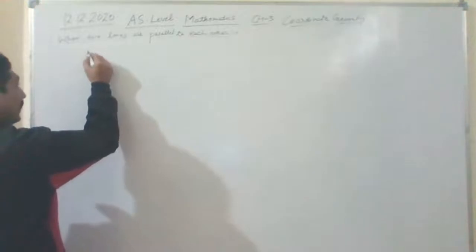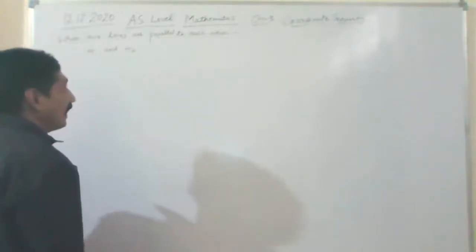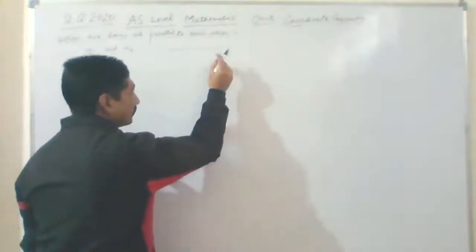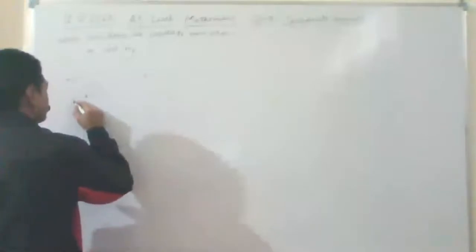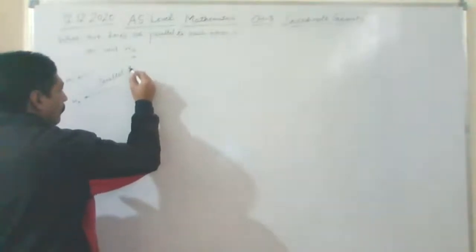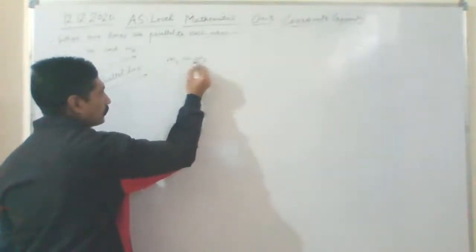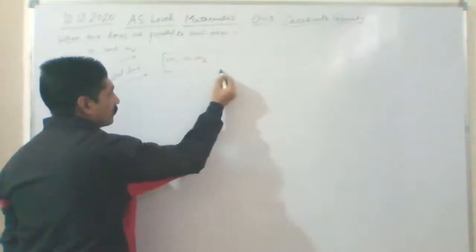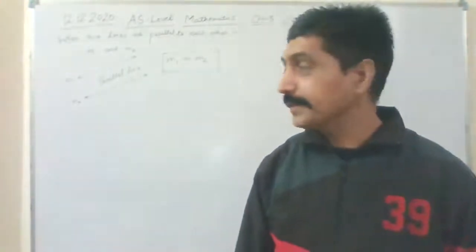If one line has slope m1 and another has slope m2, and the two lines are parallel to each other, then in case of parallel lines, slope m1 is always equal to m2. Confirmed, right?